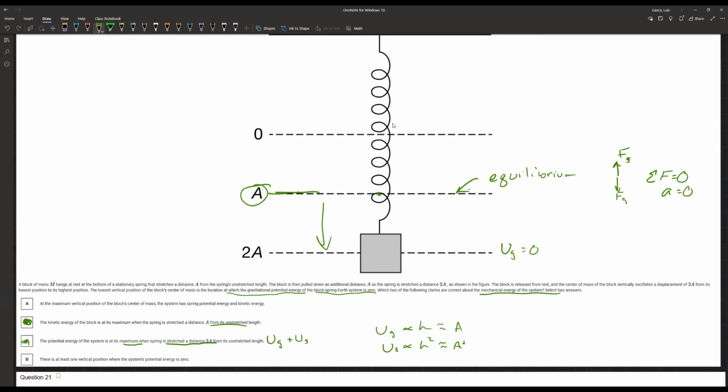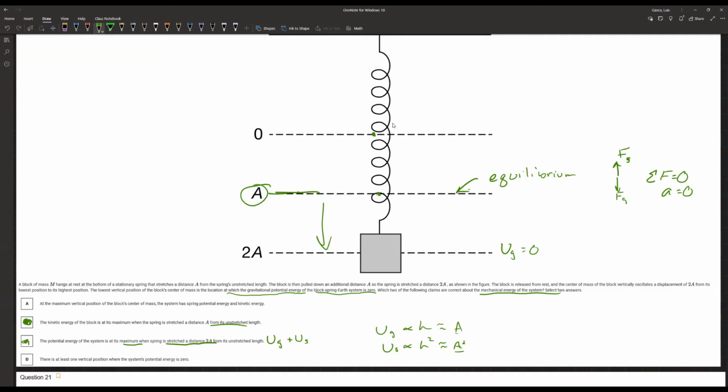So as we climb up, even though we gain gravitational potential energy, we are going to be losing more spring potential energy because of this distance squared factor. Such that even though at this point we're going to have the maximum amount of gravitational potential energy, the spring is basically having no energy stored in it, and so it's not going to matter.